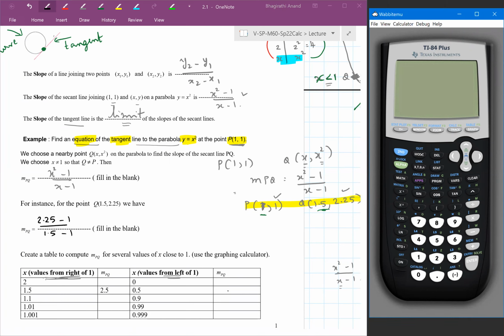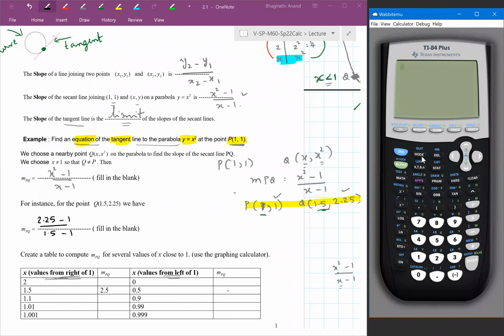We can use our calculator to compute this. So now I'm going to plug in 2.25 minus 1 over 1.5 minus 1 in the calculator. For that, I go to the home screen where I compute.